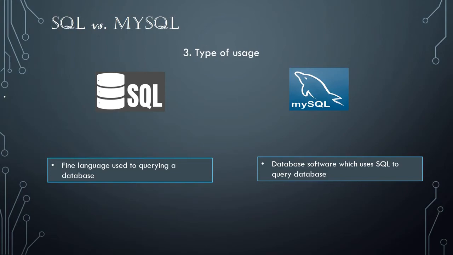If a person from Japan knows Japanese and we know Hindi or English, we are not able to communicate with each other, then an interpreter or translator who knows both languages will help us communicate with that person. Same case, SQL is that person which helps us communicate with the database or MySQL.